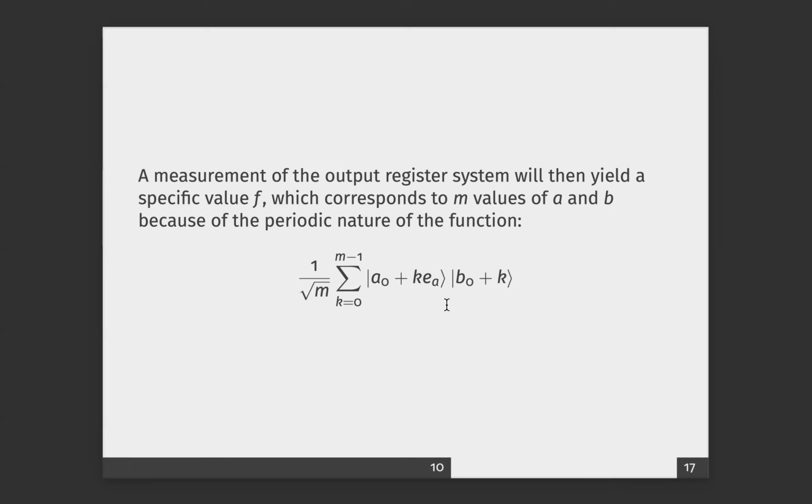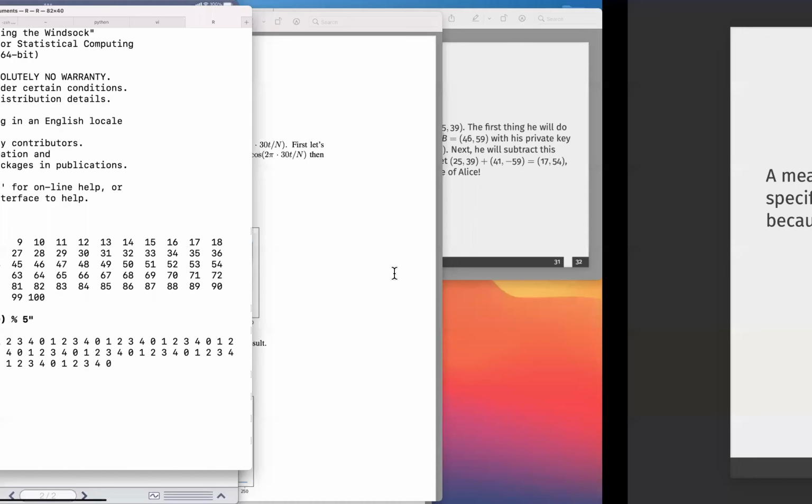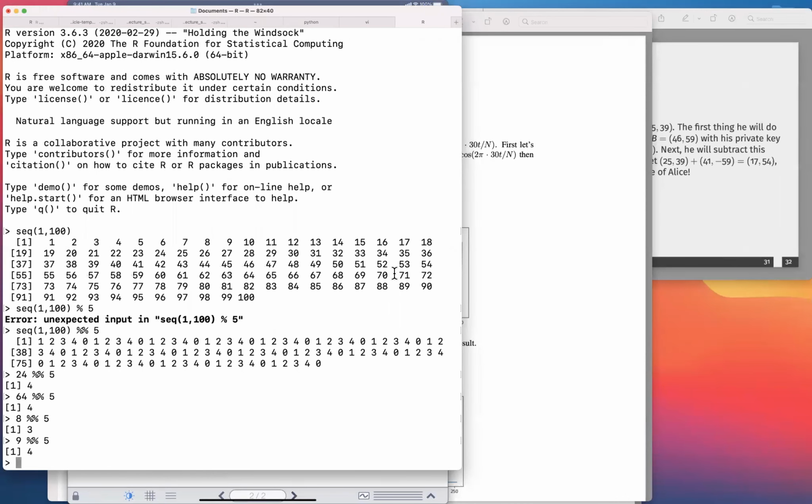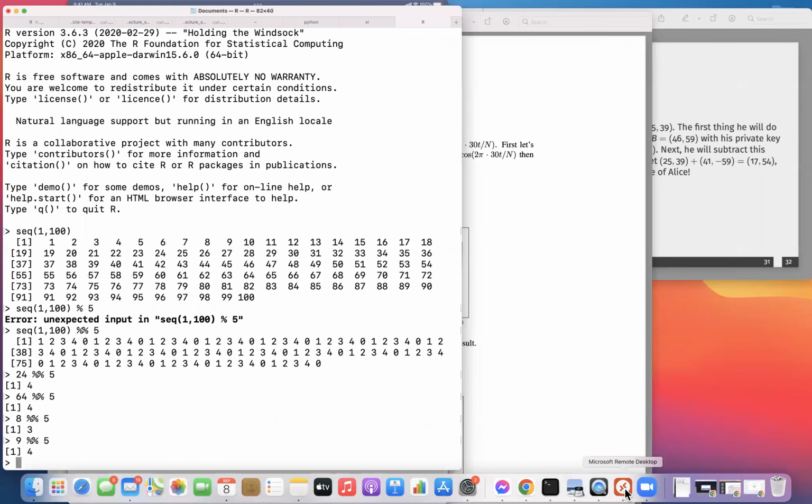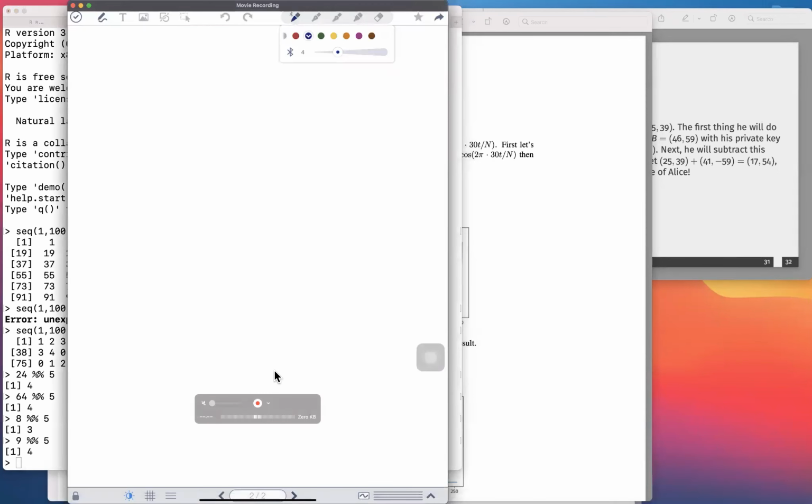Okay, so let me go back again. Remember this, okay? So we have A0 plus KE, and then we have B0 plus K. So let's go back here.